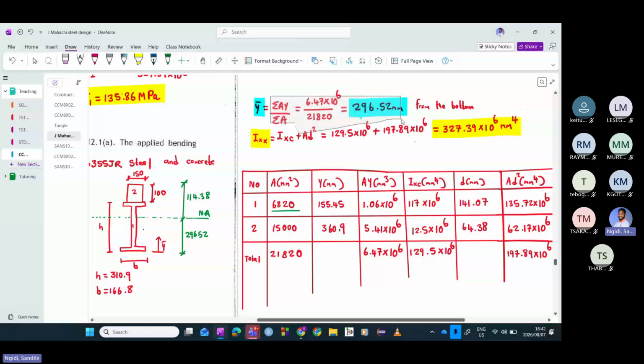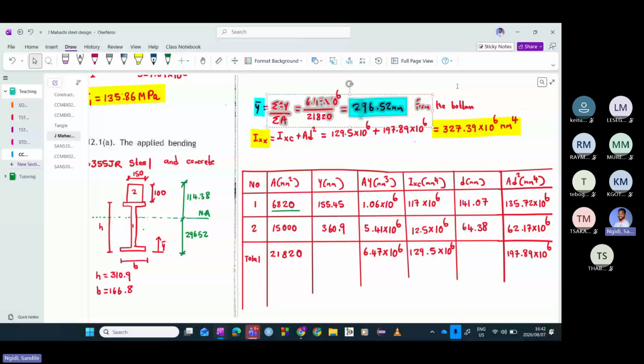But what we mentioned is that you don't always have to do that. You can take the centroid from the top of this section as well, and when you do that, the value that you get is 114.38.